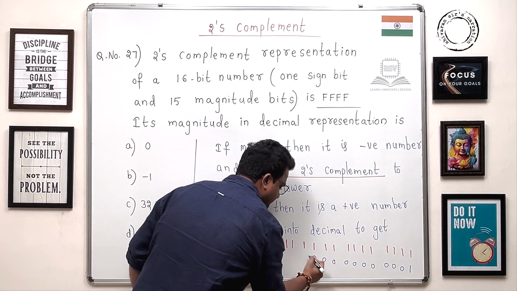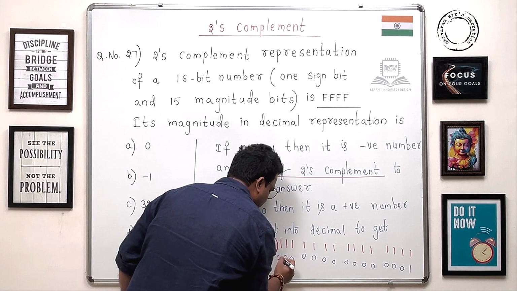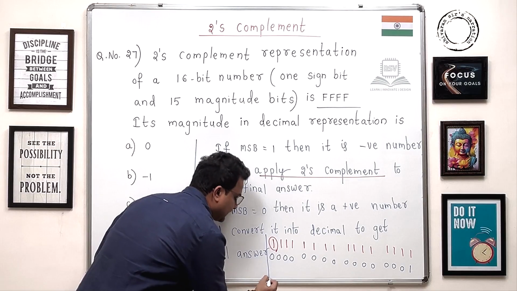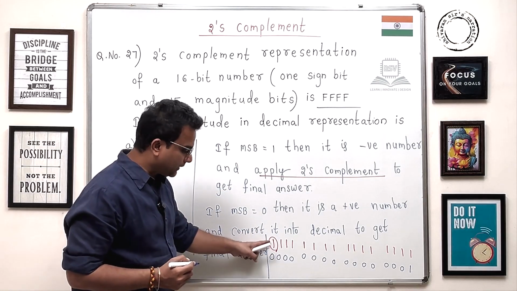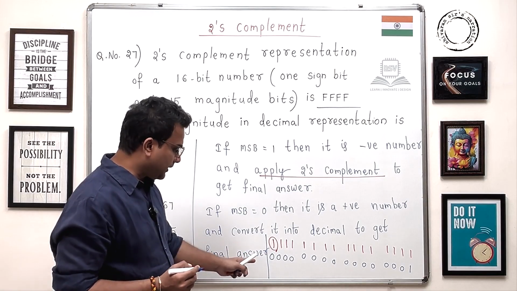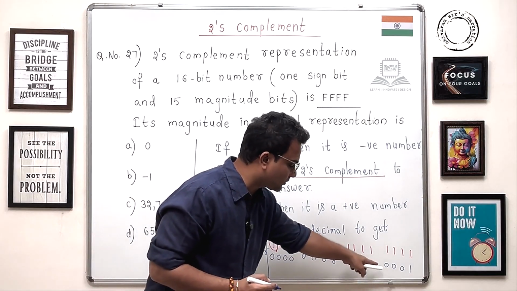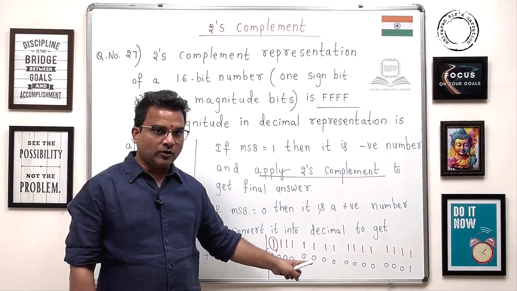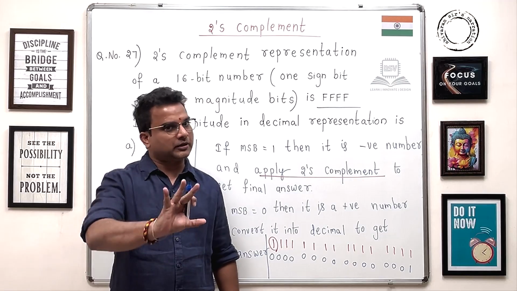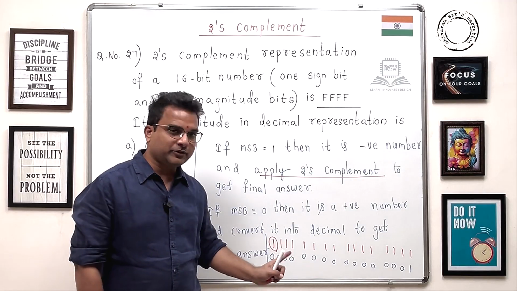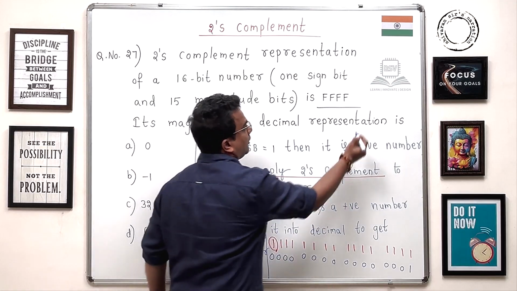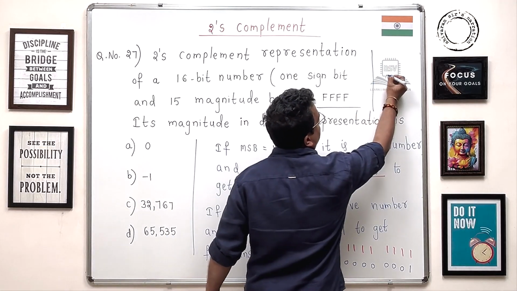So by applying 2's complement again, we got 4 zeros, 4 zeros, 4 zeros, 3 zeros, 1. Now again you convert this into decimal to get the final answer. Then what is the value guys? 1. So the answer is 1.